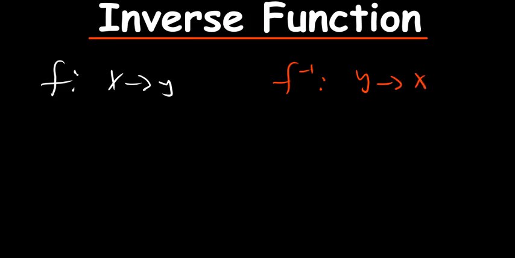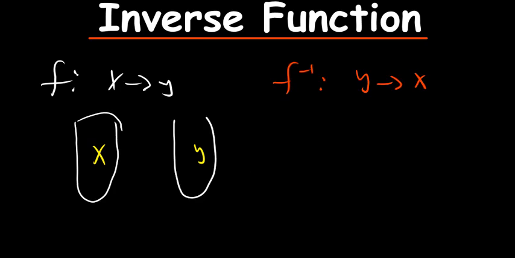Okay, so let's assume that we have, I'm just going to give you a very simple example. Let's have these two. We know that this is x and this is y.